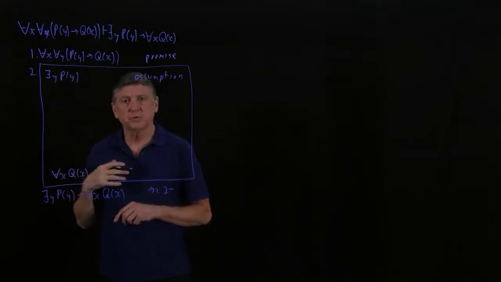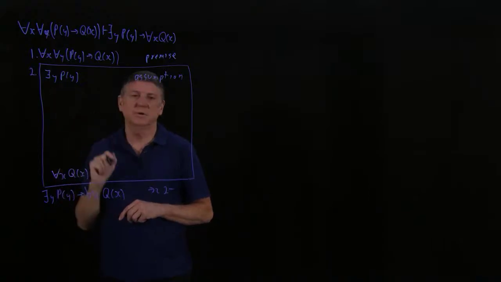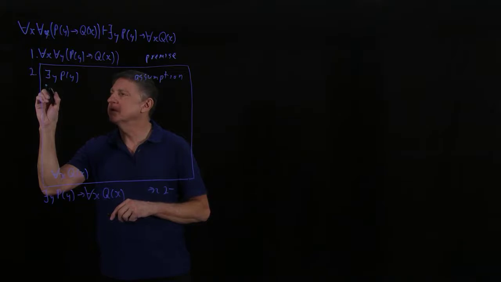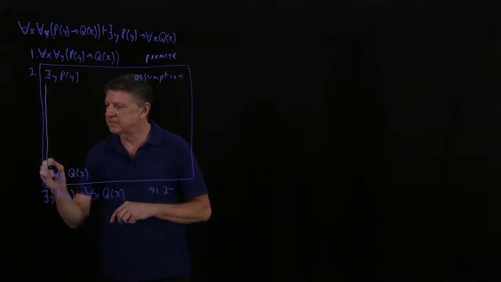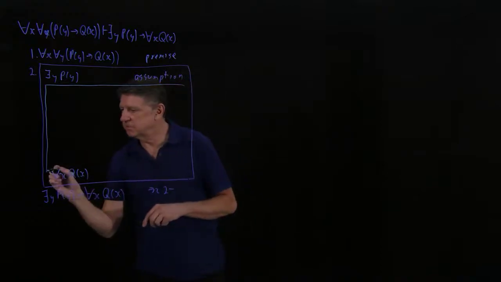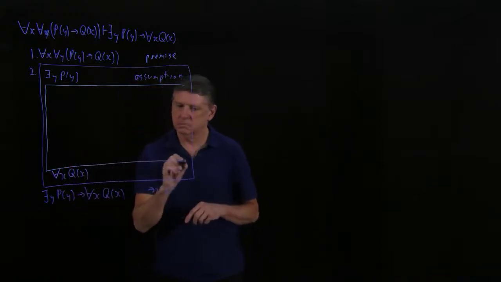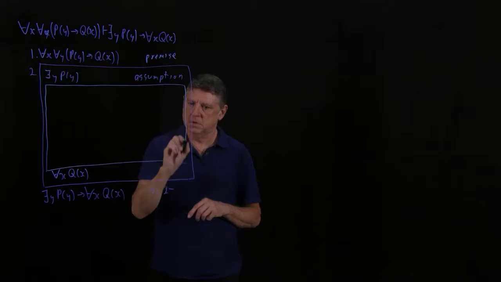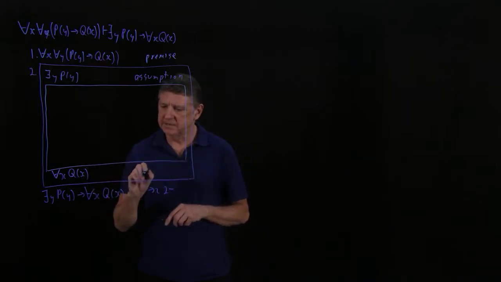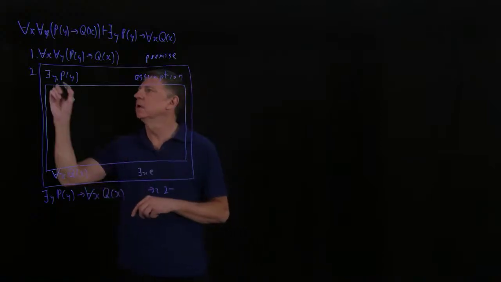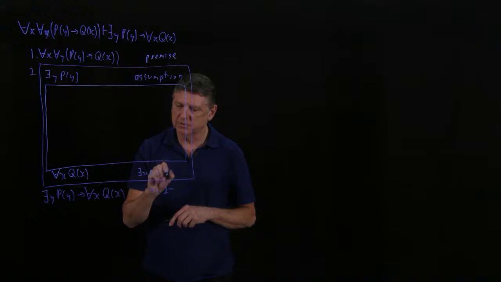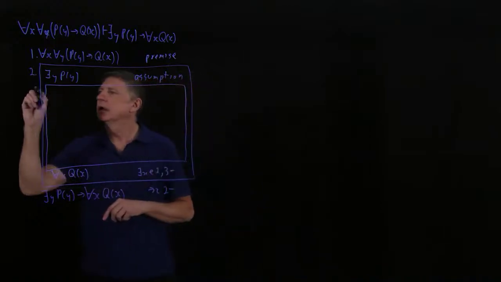As I said, my personal preference is I try to get rid of the existential quantifiers first. So in this proof I will get rid of that existential quantifier. The way I do that is with an assumption box. And the justification for the box is existential elimination. The line I'm eliminating is 2, and the box I'm using starts at 3.